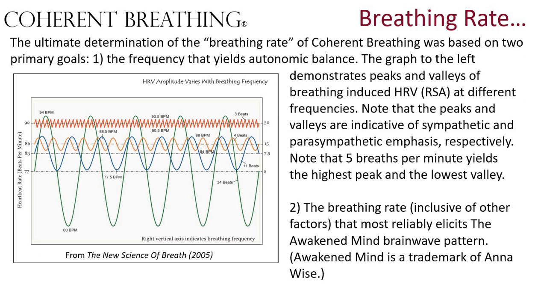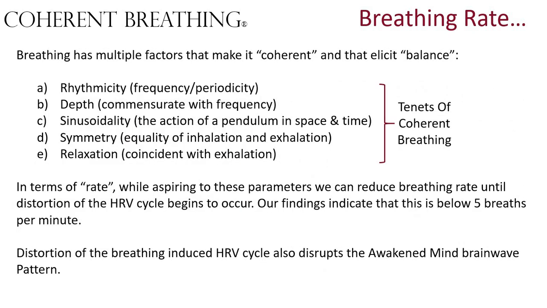As mentioned, there are a number of other factors having to do with the coherent breathing protocol that yield a coherent outcome and a balanced outcome, where here I refer specifically to autonomic nervous system balance. We've talked a great deal about breathing rate and frequency.